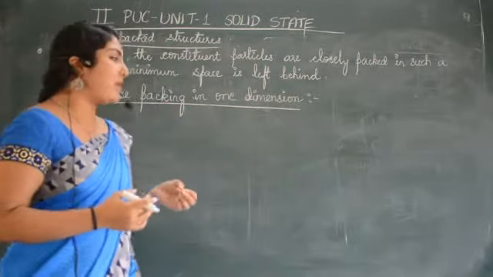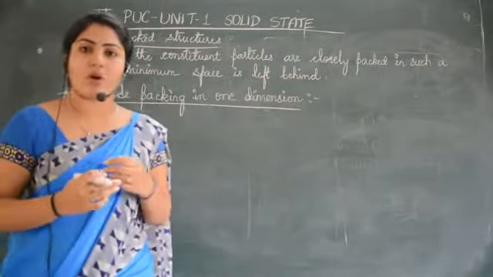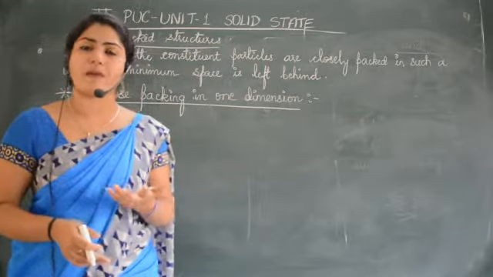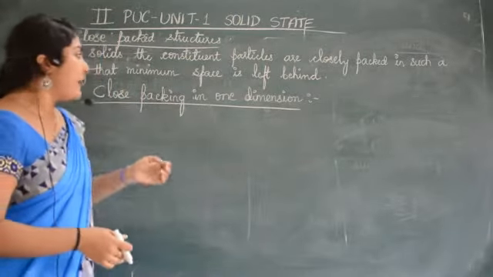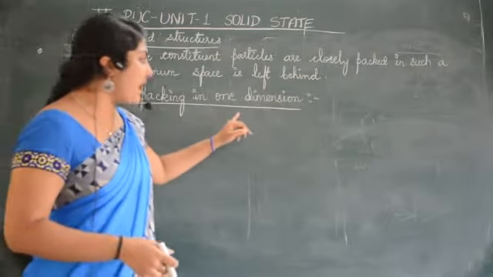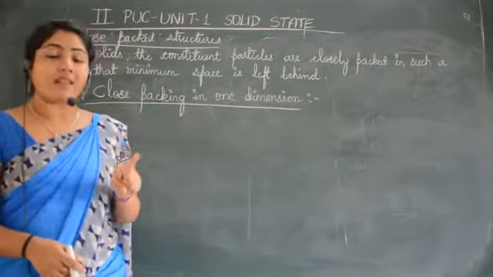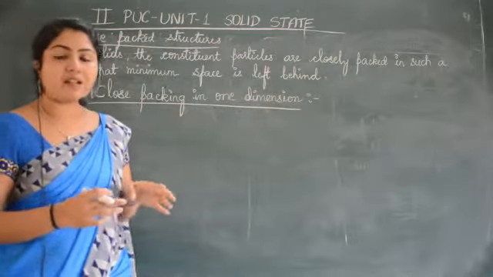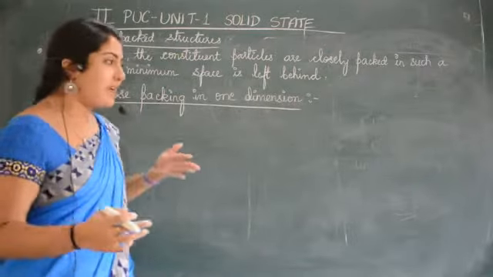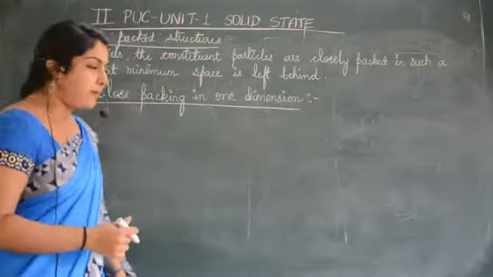In 1 dimension, how can the particles be arranged in the solids? If the close packing has to be done in 1 dimension, then there is only one possibility, that the atoms are stacked or close packed in such a way that in a row it is arranged.